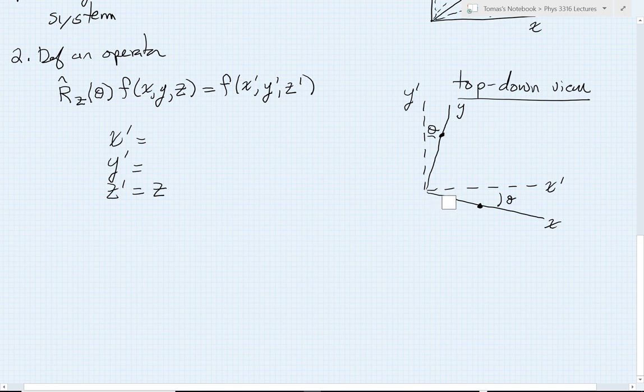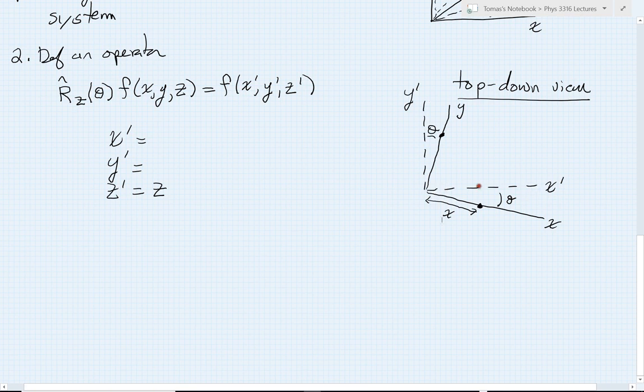So if we had started along the actual x-axis, that point here would be at a distance x along this axis. And then if this is my distance x, I can readily compute the coordinates of where this point ends up in the x prime, y prime coordinate system.